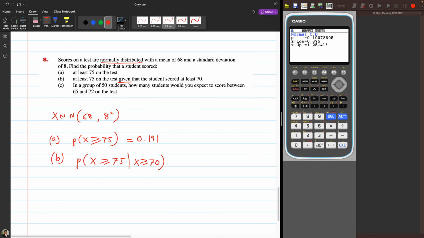So that will be the probability that the student scored above 75, and if you do the intersection, it is above 75, upon the probability that x is above 70.